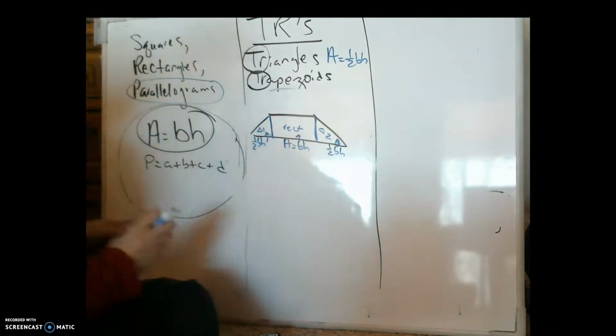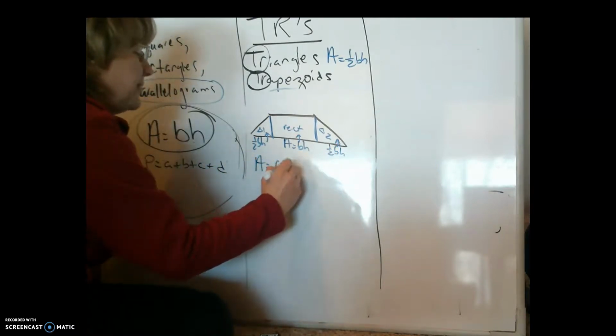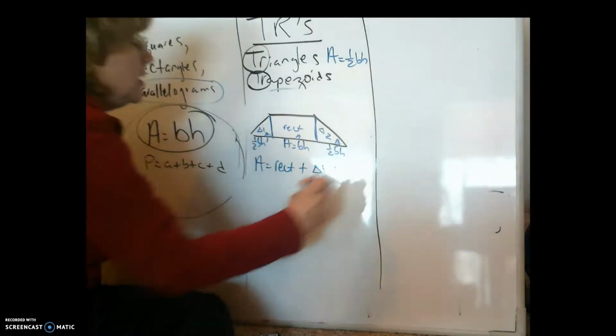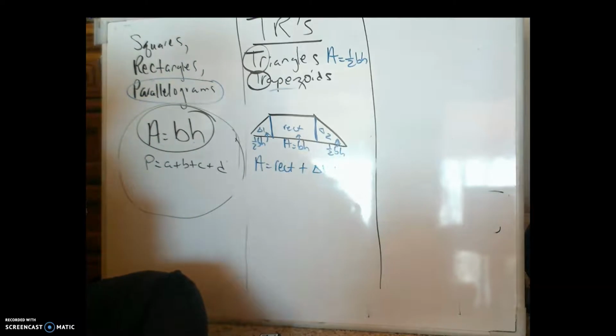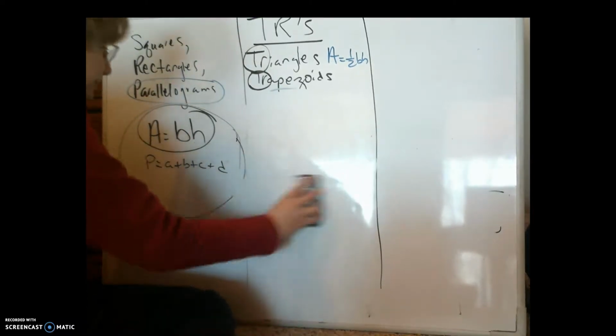And the answer is yeah. So on a test, if you wanted to do a rectangle plus the area of triangle 1 and the area of triangle 2, and add those all up, absolutely. I would totally count that right. It works, and it's a great strategy.